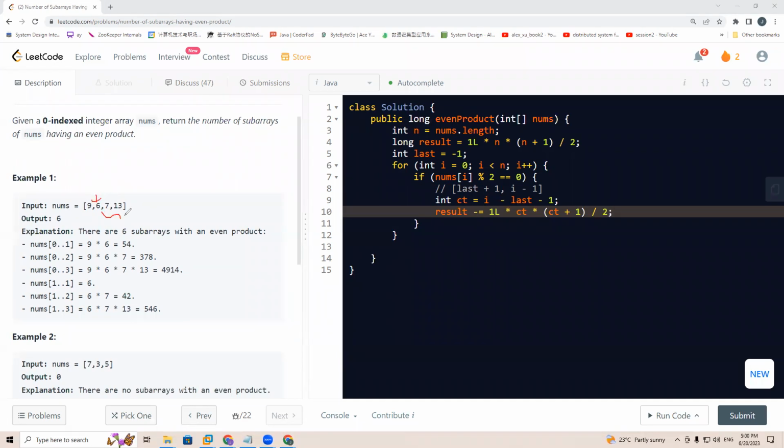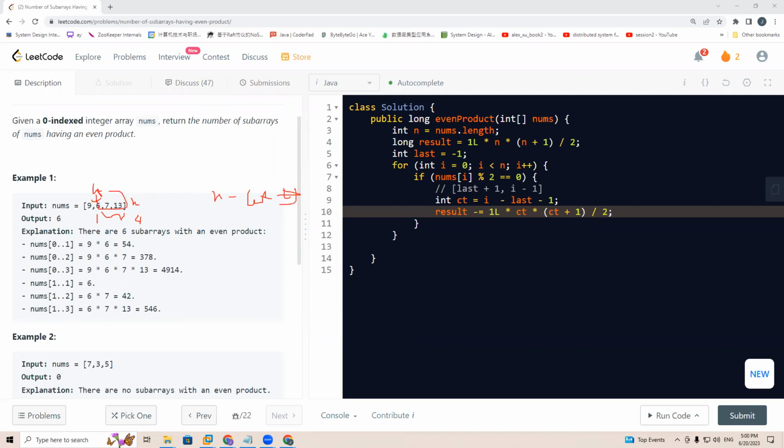So there are still ranges here. So we still have n minus last minus 1, right? The n is 5, indices 0, 1, 2, 3, 4, right? So we should still have n minus the last plus one. We count the last part.